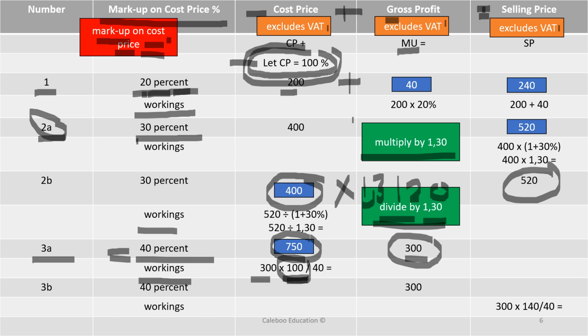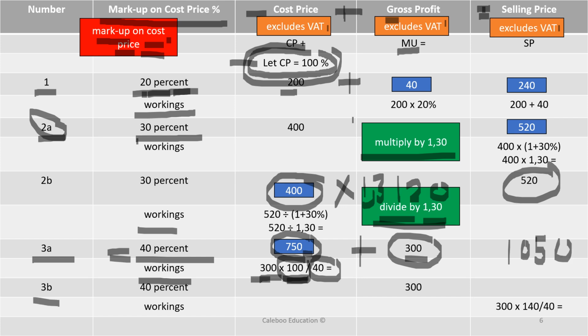So 300 multiplied by 100 divided by 40, which was the markup percentage that was given to us, is equal to 750. If I want to get the selling price, I just say cost price plus markup, so it's 750 plus 300 is equal to 1050.